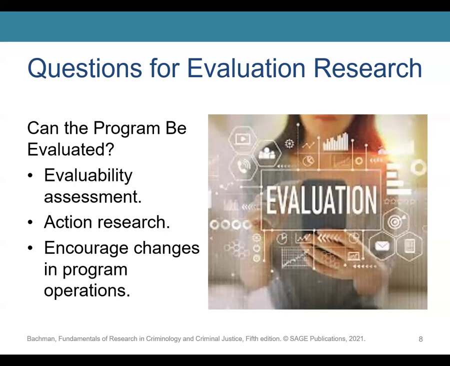What kind of money do you spend on food versus heat or rent or whatever? What kind of weekly groceries do you have? And then what this does is it encourages changes in program operations because they may be lacking in one area, but they're good in another. So they present the findings to program managers and encourage changes in program operations.